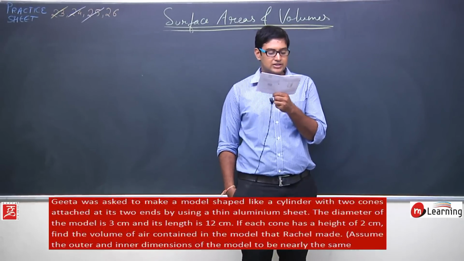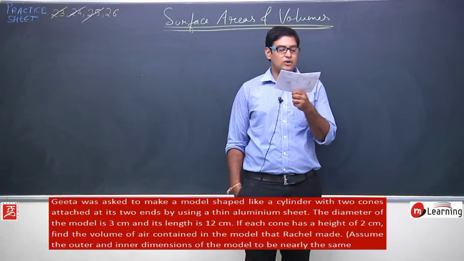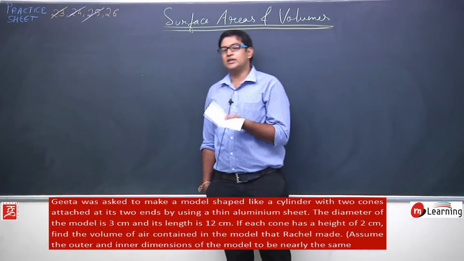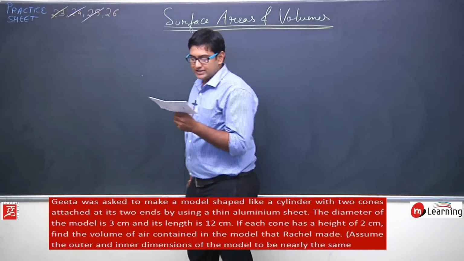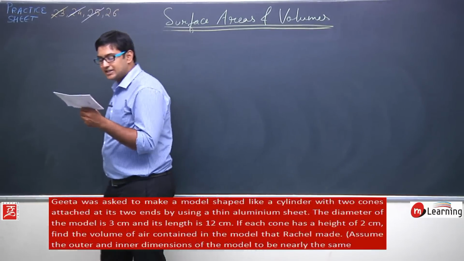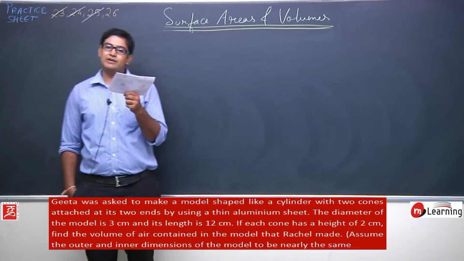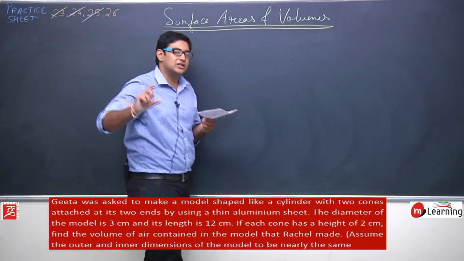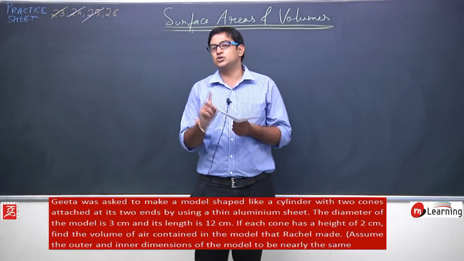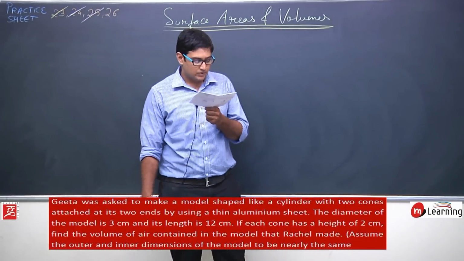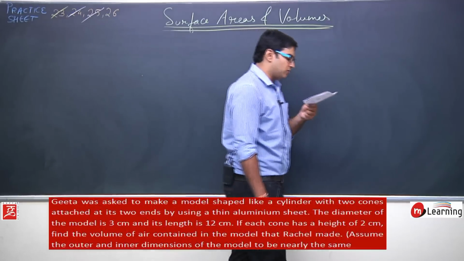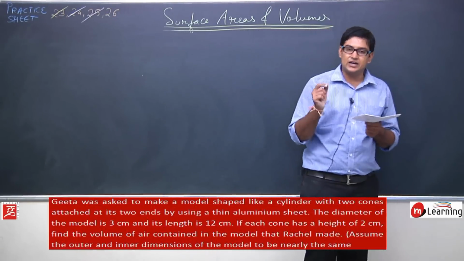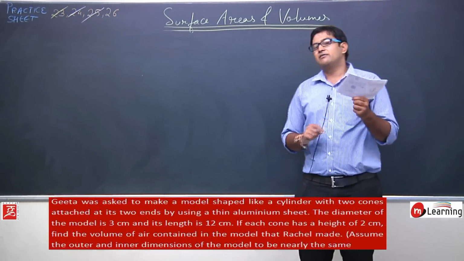Now this model is made up of aluminium sheet. Aluminium sheet is very thin. The diameter of the model is 3 centimeters and the length is 12 centimeters. The height of the cones at the ends is also given, which is 2 centimeters each. We need to determine the volume of air contained inside the model.